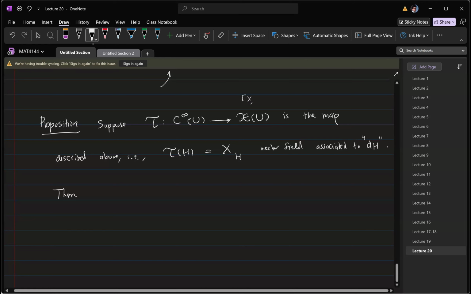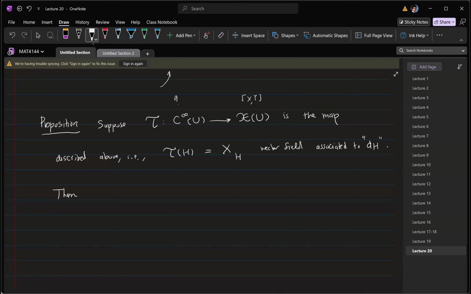Now you have this Lie bracket, and you can see what would be the operation on the functions which corresponds to this Lie bracket. That should give another Lie bracket on functions. So let's explore this and see what it is.